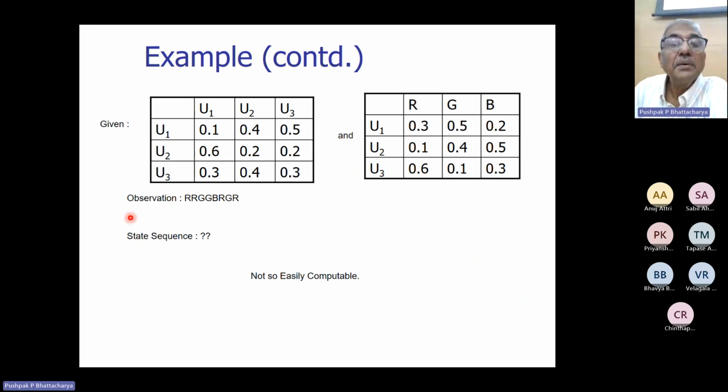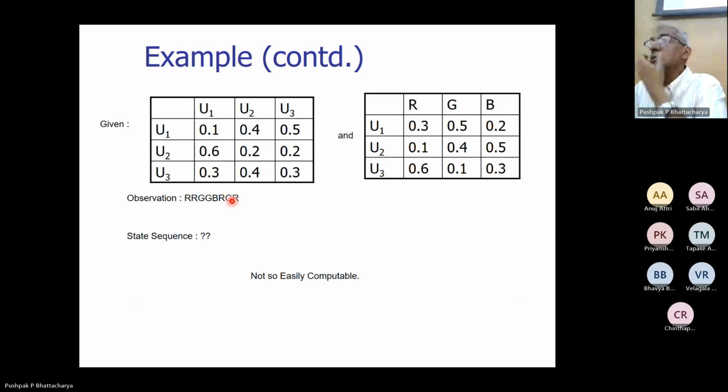Now we make this observation. The balls are picked up with replacement and the colors are told to us: R, R, G, G, B, R, G, R. Now we are asking, what is the most likely container sequence from which these observations have come?